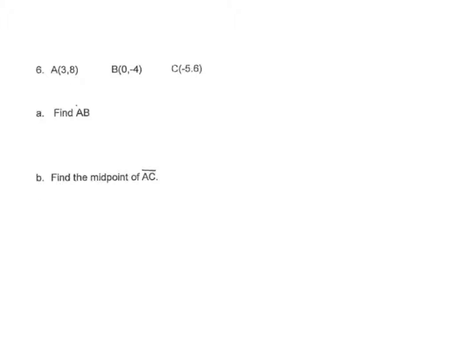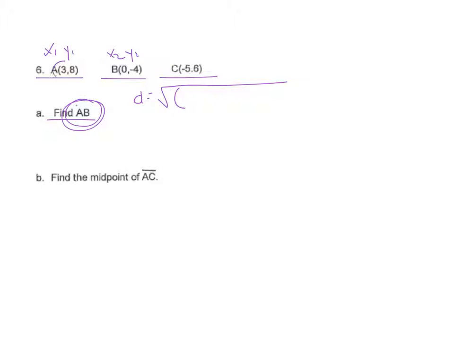Okay, A, B, and C are points given up here. AB means find the distance. Remember, if there's not a segment bar above there, it means the distance. So we have x1, y1, x2, y2. So I do D equals the square root of x1, which is 3, minus 0 squared plus y1, which is 8, minus a negative 4 squared.